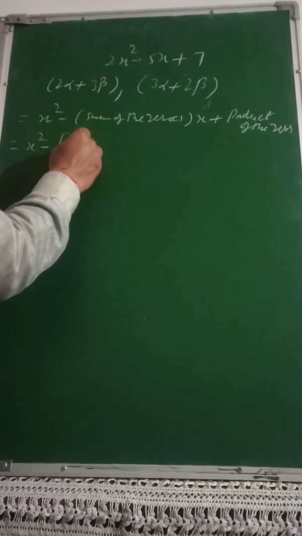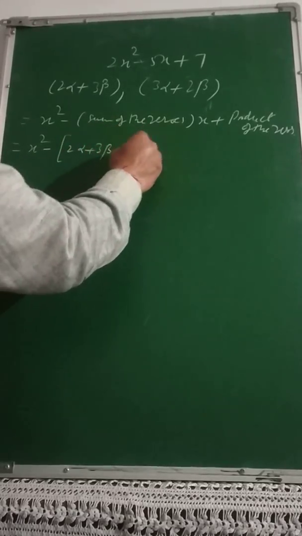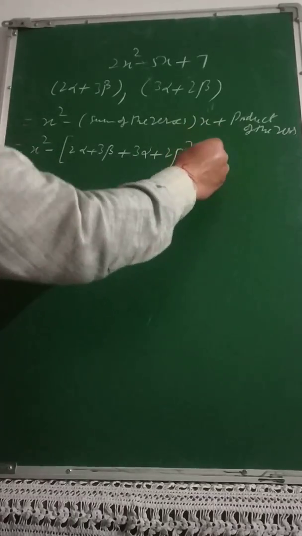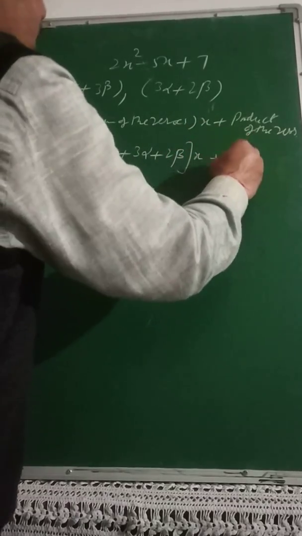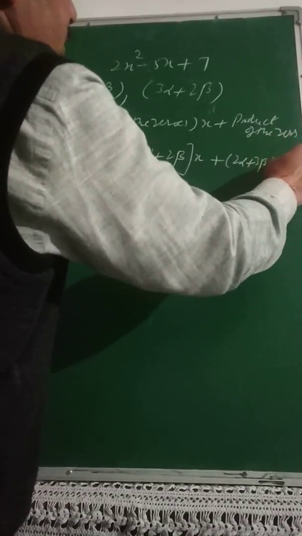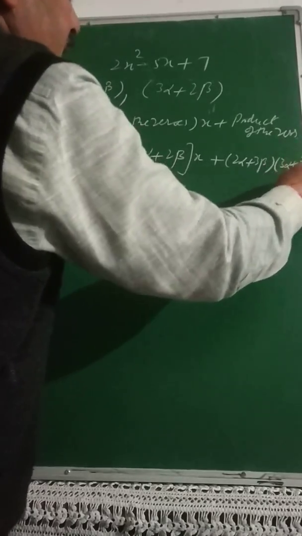Sum of the zeros means 2 alpha plus 3 beta plus 3 alpha plus 2 beta into x, and plus the product of the zeros, which is 2 alpha plus 3 beta into 3 alpha plus 2 beta.